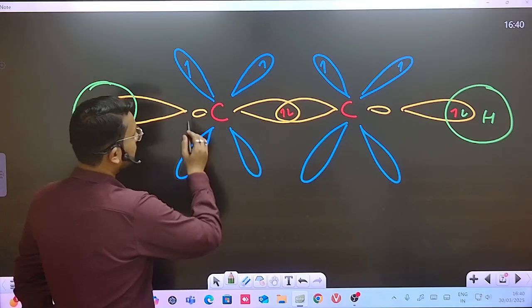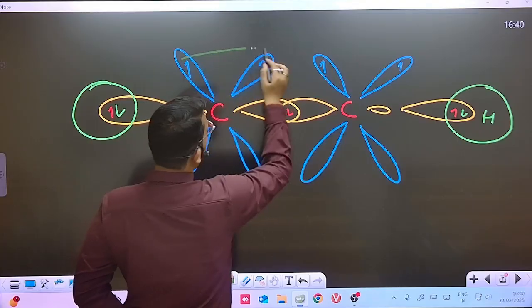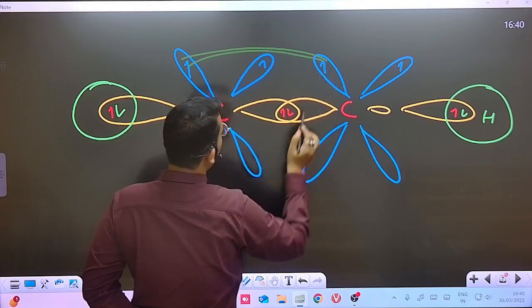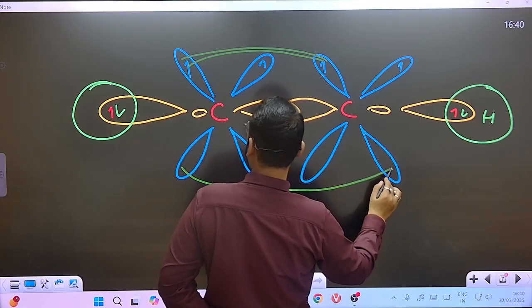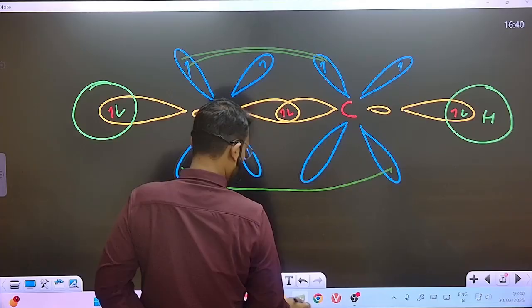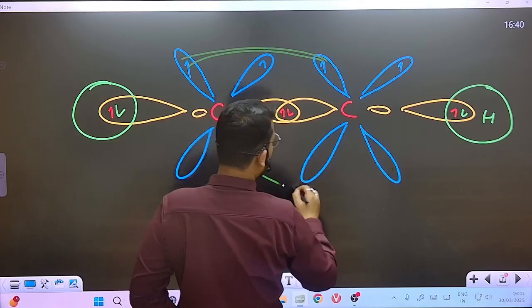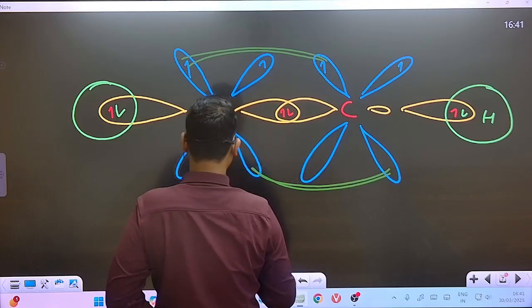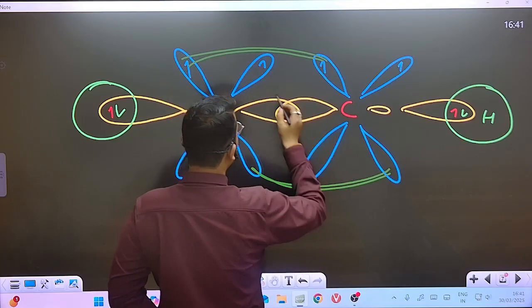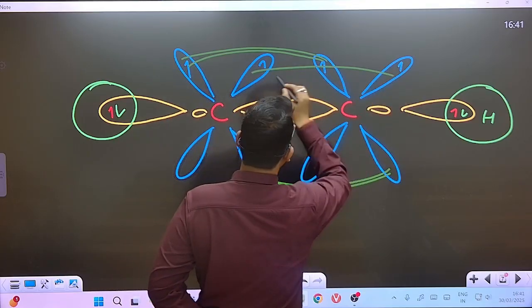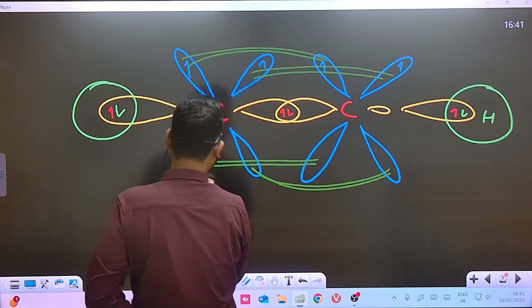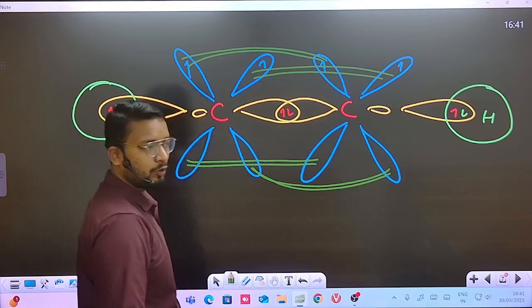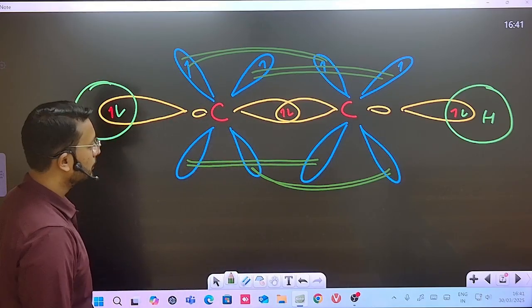So the same plane will overlap with the same plane, and the opposite plane will overlap with the opposite plane. And this will make 2 pi bonds. I hope I am clear with this structure.